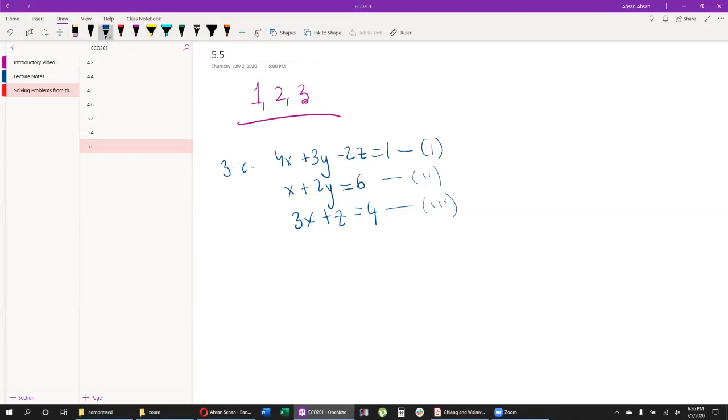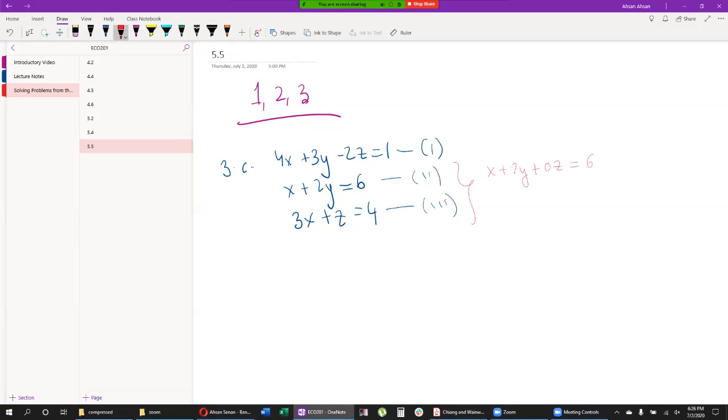Okay, so the thing to realize here is that equation 2 and equation 3 do not have all the variables. So we can rewrite equation 2 in this form: x plus 2y plus 0z equal to 6.